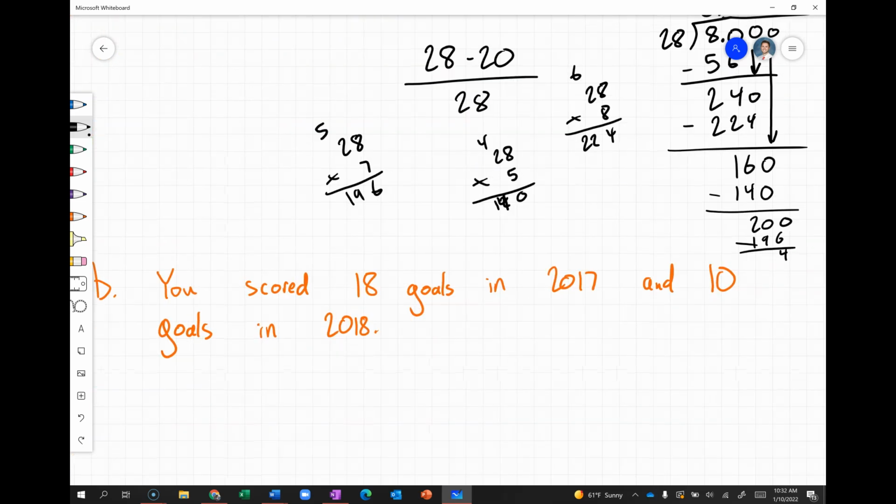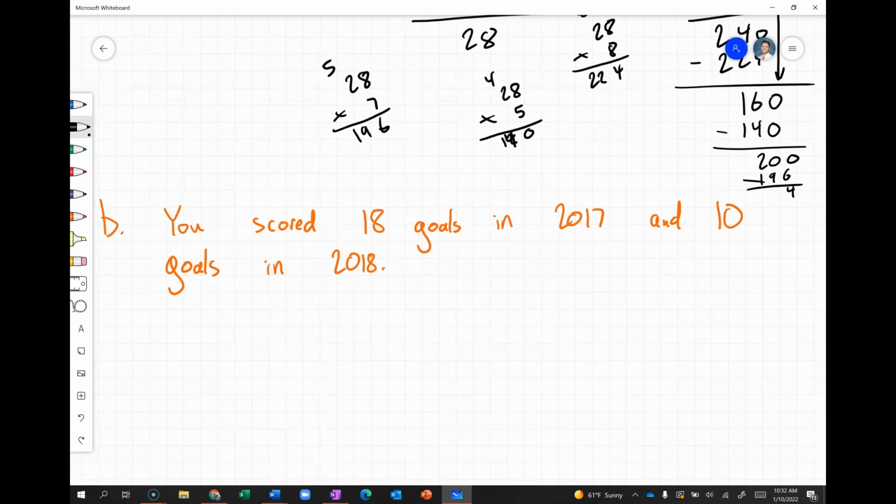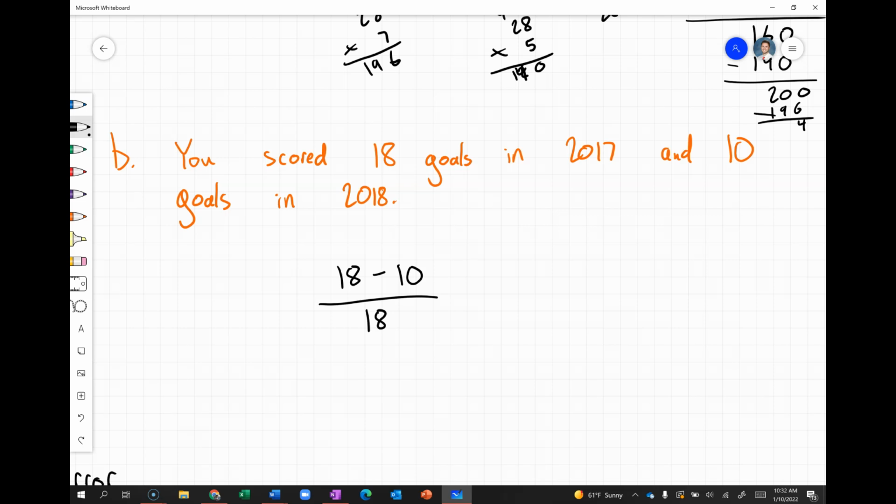So let's look at another example. You scored 18 goals in 2017 and 10 goals in 2018. So subtracting those to get the change, and then that's 18 goals originally. So that would be 8 divided by 18. So 18 goes into 8, 0 times. 18 goes into 80.